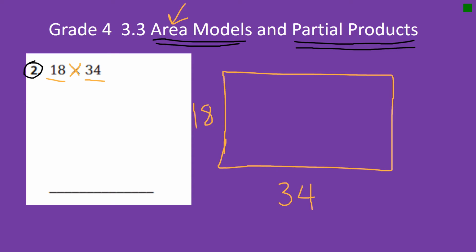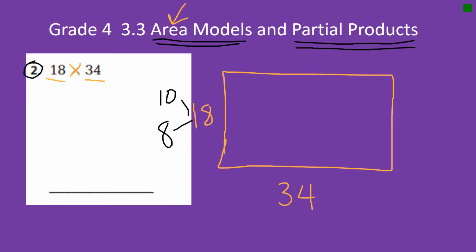Okay, so we're going to use the break apart method to solve this. We're going to break apart 18 and we're going to break apart 34. Okay, so when we break apart 18, I'll put the lines there and there, it breaks apart into 10 and 8.